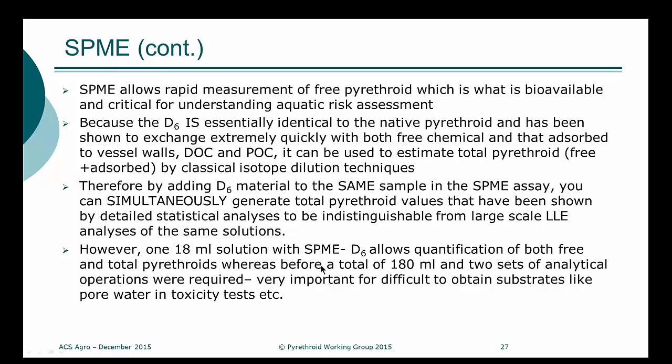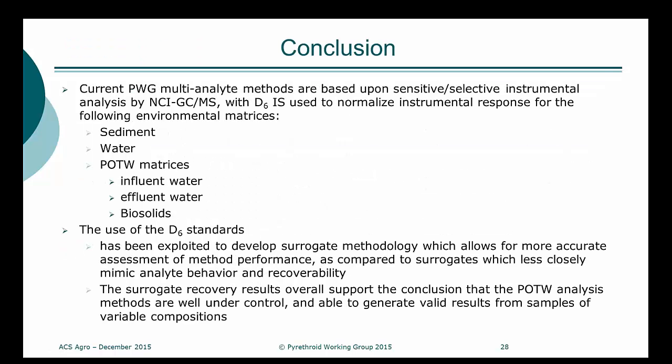In conclusion, we have current PWG methods which are based on negative chemical ionization GC-MS with use of the D6 IS to normalize instrumental response.